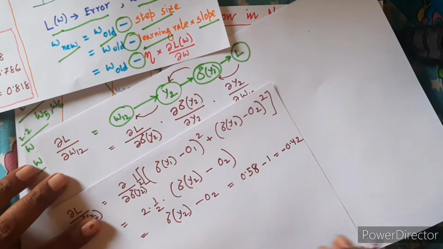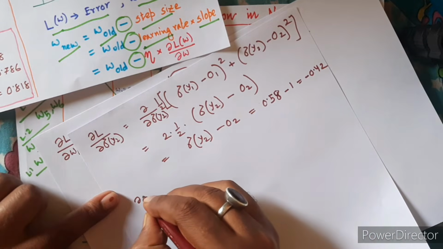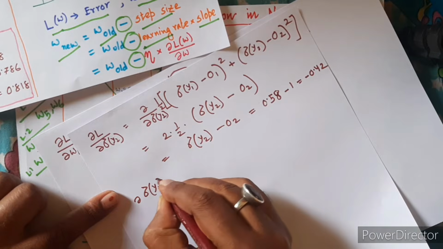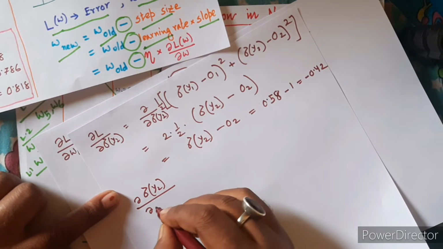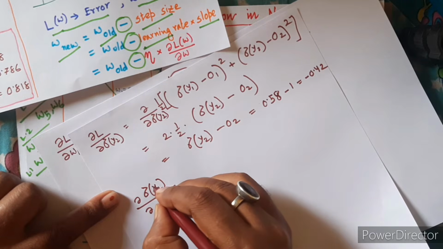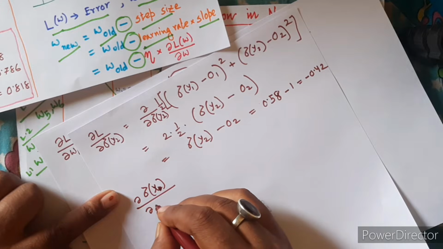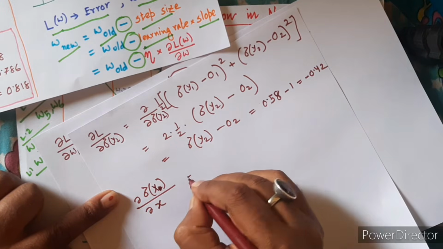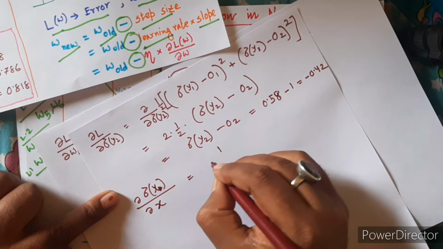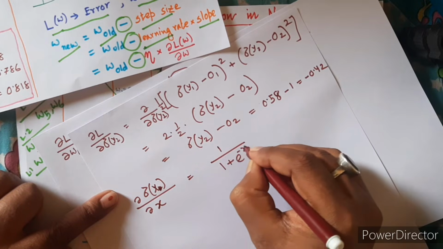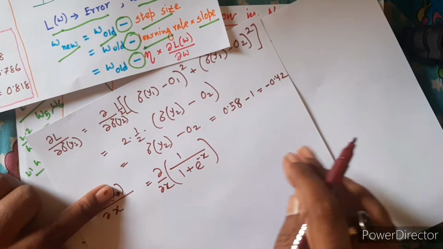So this is calculated by the derivative of the activation function. The derivative of sigma with respect to any variable, let's call it x, delta of sigma x by delta of x, where sigma is 1 by 1 plus e to the power minus x, and you need to have the derivative of it.